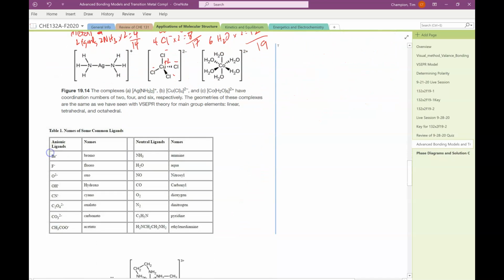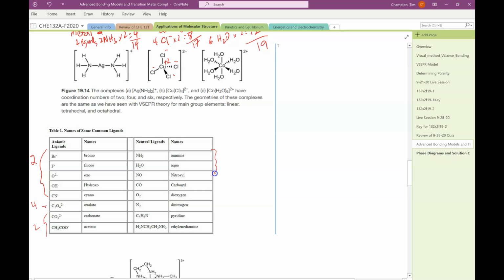I found online, this isn't in your book, a table of some of the common ligands, and what I wanted to point out is whether they're charged or not, which is listed here, how many electrons they typically donate. So all of these typically donate 2 electrons. So do these two. Oxalato here, which is the oxalate ion, usually donates 4 electrons.